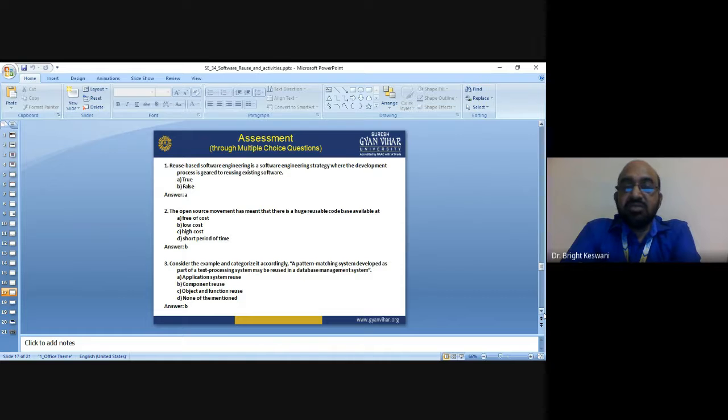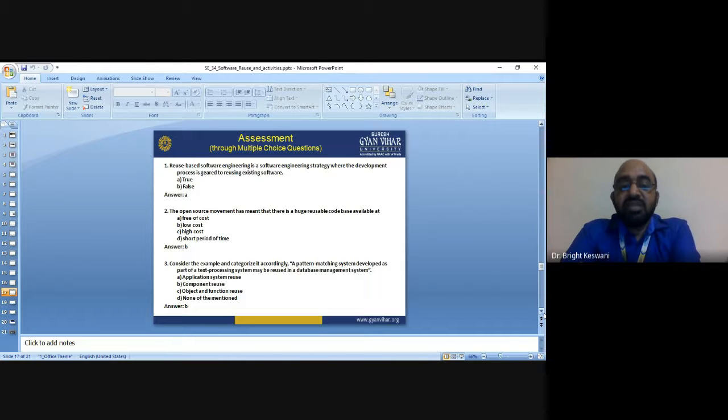The answer is true. A. The open source movement has meant that there is a huge reusable code base available at free of cost, at low cost, or high cost, or short period of time. So the right answer is low cost.